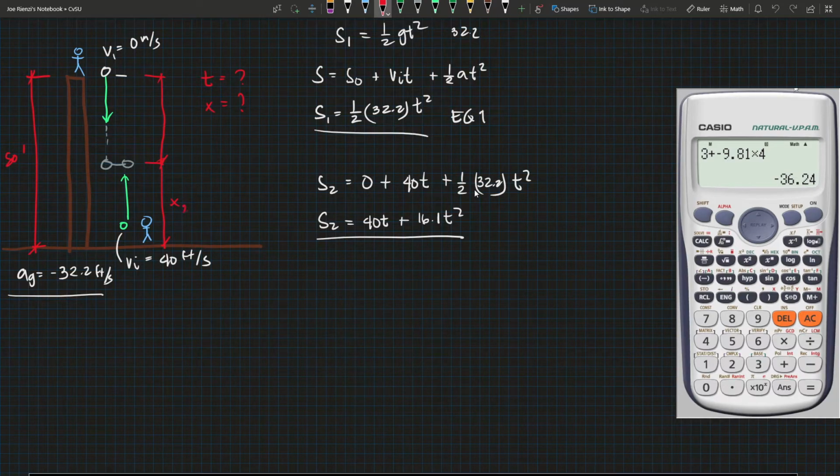So, si x2, si x1 equal sila kay 80, or si S1 at si S2. Pwede natin sabihin na S1 plus S2 is equals to 80. So, let's just do that with our equations 1 and 2.